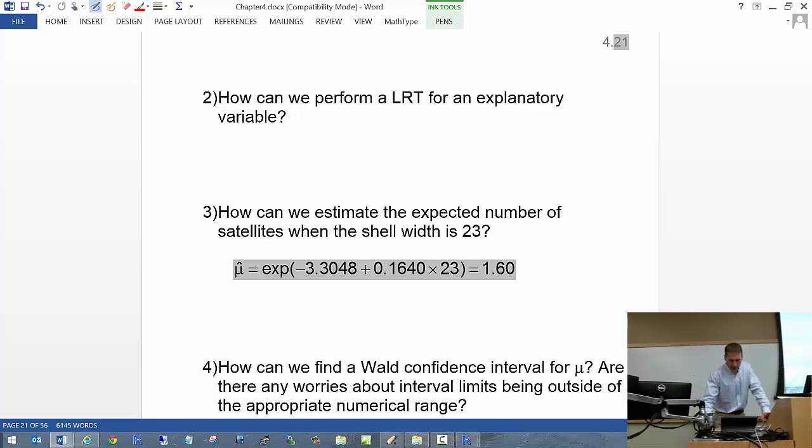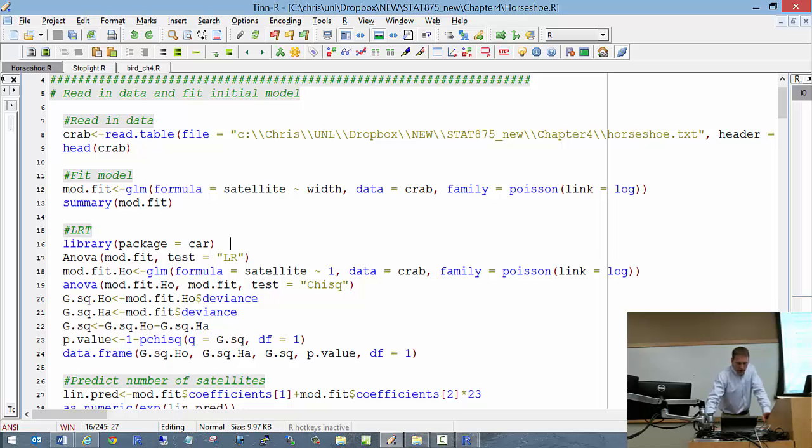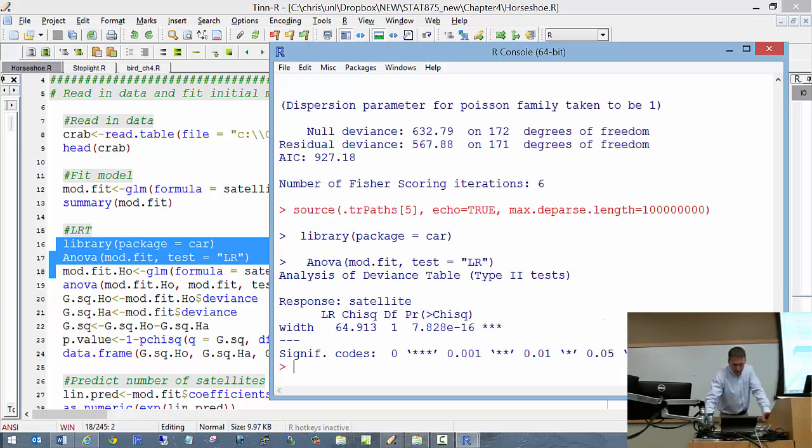So let's actually go ahead and do that in my program. I can use the car package to do capital Anova. So I say Anova(mod.fit, test = "LR"). This is what I get. My negative 2 log lambda statistic is 64.9. P-value is extremely small. So yes, there is sufficient evidence to indicate that width is important.